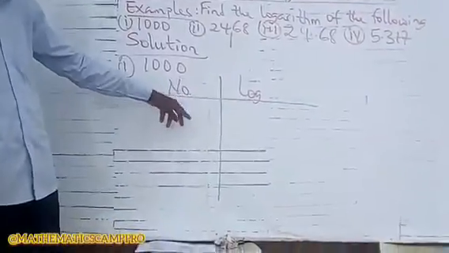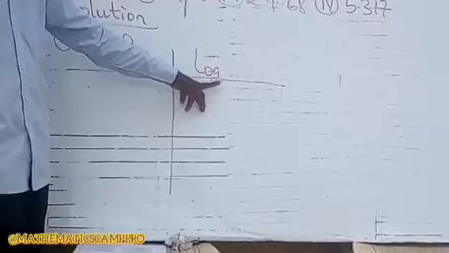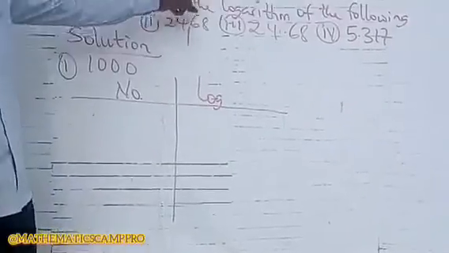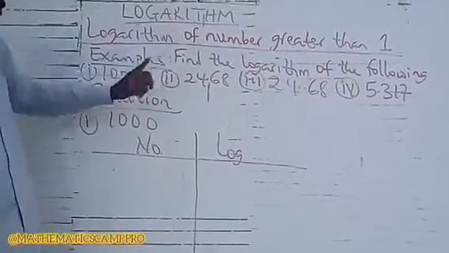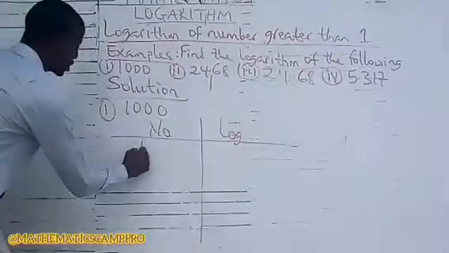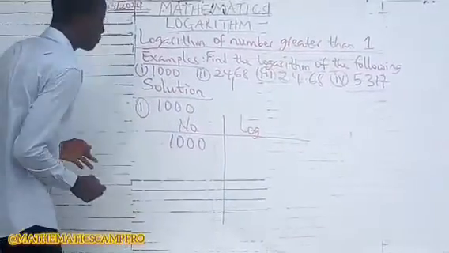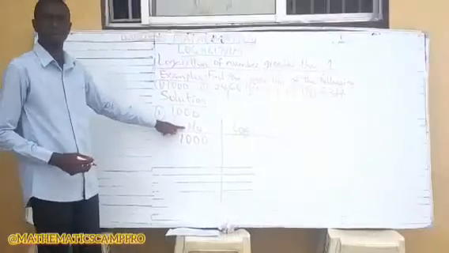A number. And this LOG is the short form for the word logarithm. Now you are going to write your 1000 under the column of number.